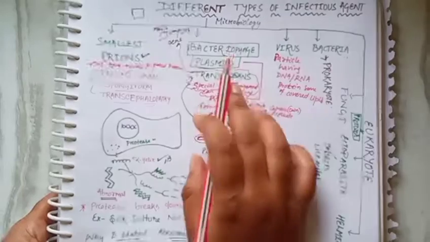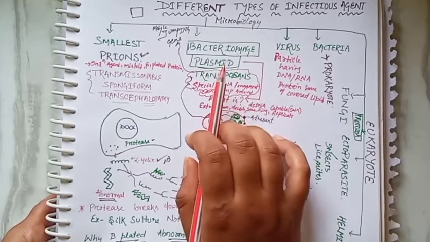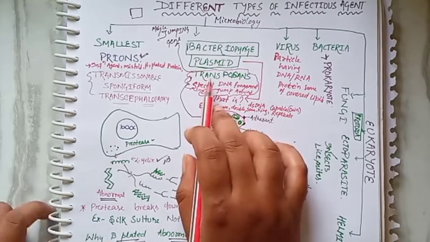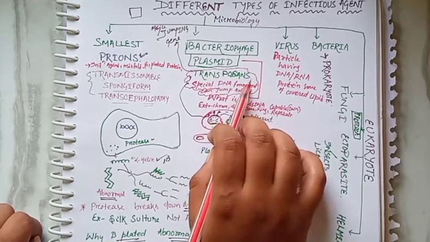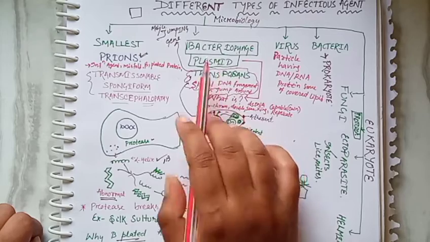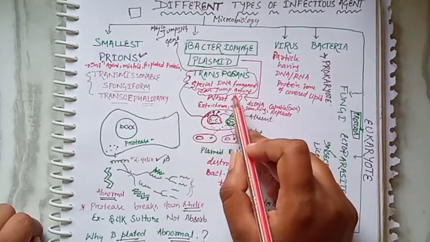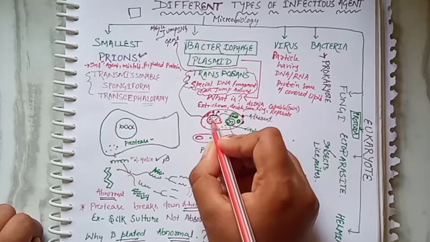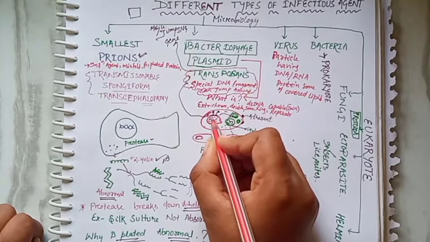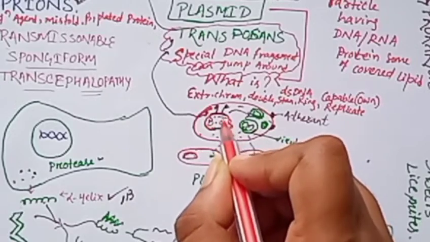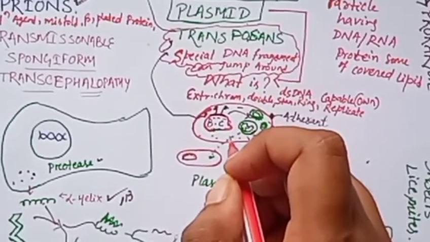So in this way we discussed the bacteriophage, and the plasmid and bacteriophage have no direct role in infection; they cause infection indirectly. Then we discuss the transposon. What is a transposon? Its name itself says that it is a transporter substance. In a bacterial chromosome, if any gene is coded with a leg, meaning a movable substance, then this is known as a transposon.